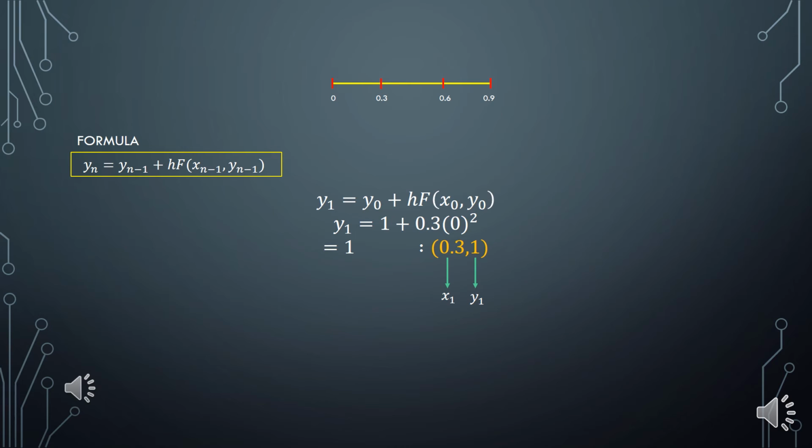In this case, our x sub 0 was just 0, so we're going to end up with 0 squared. If we simplify this, we have 1 plus 0.3 times 0 squared. That's just going to leave us with our initial y value of 1. So now our x value is 0.3 and the y value is 1.